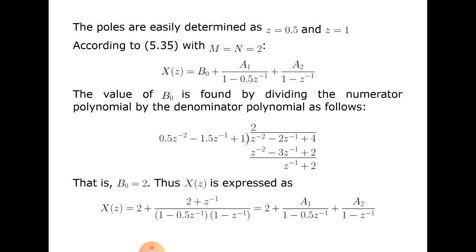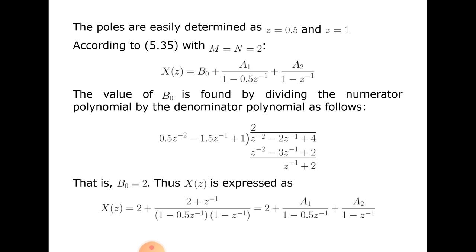So the value of b0 is found by dividing the numerator polynomial by the denominator polynomial, and that gives b0 = 2.